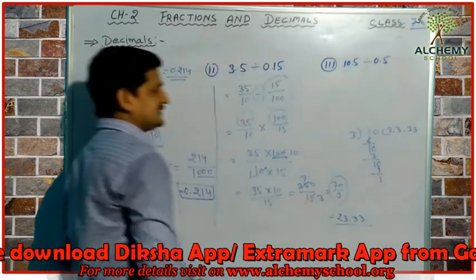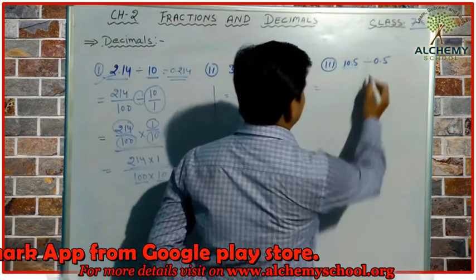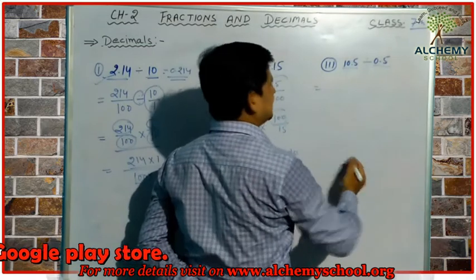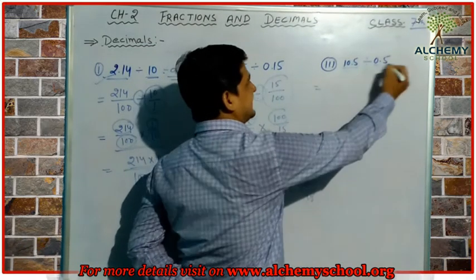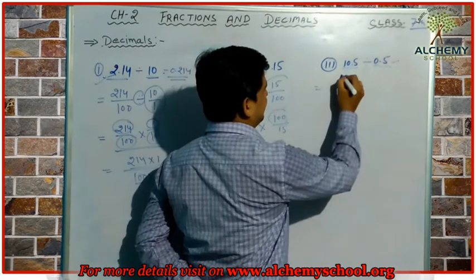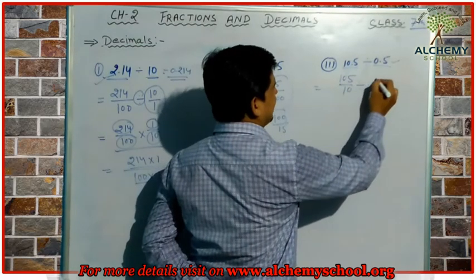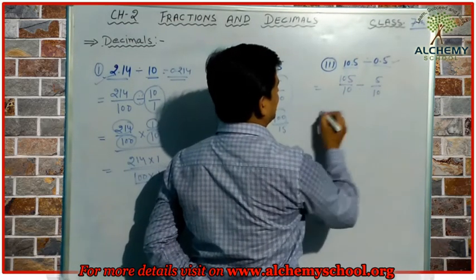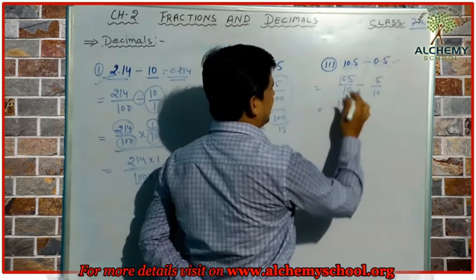Okay. So let's see the next question. In the next question we have 10.5 divided by 0.5. Simply again we have to perform the same procedure. We have to convert the given decimal numbers into fractions. When we convert them, we get 105 upon 10 divided by 5 upon 10. Now 105 upon 10 will be written as it is.